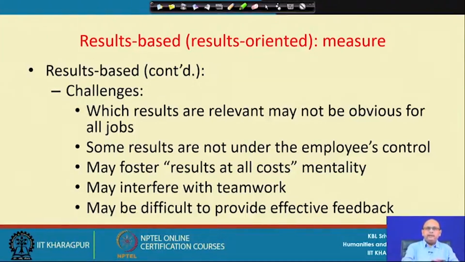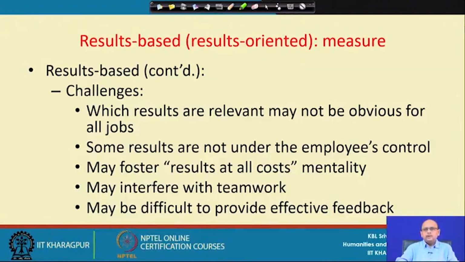You need to separately identify the kind of result that is expected. Second, you also need to identify what an employee is able to do, not something that is beyond his control. A salesman's performance might be affected by unfavorable economic conditions, and these are not under the employee's control. So, he will not be able to perform well.